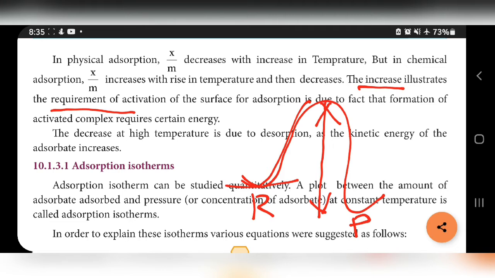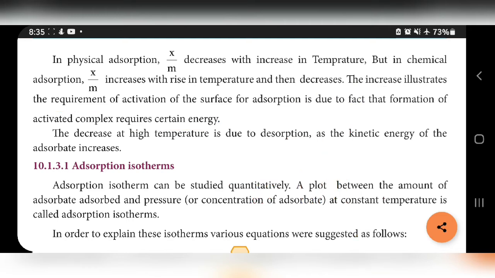Between reactant and product, some activated complex is formed. For attaining this level, some energy is needed, that is called activation energy.